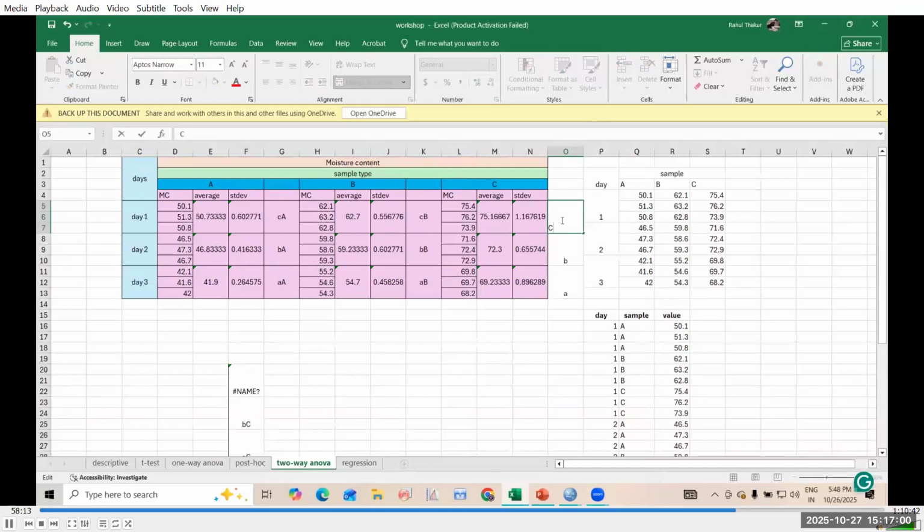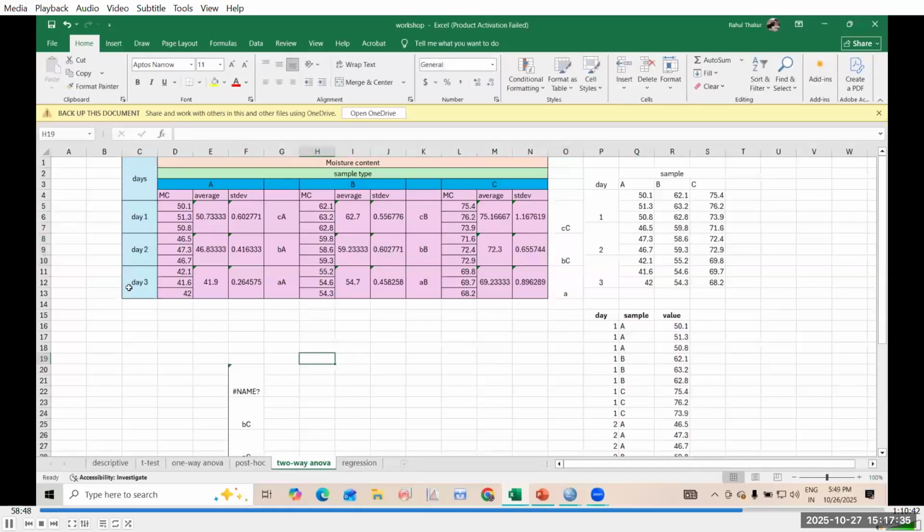Okay, got it? For day 2, here we have significance level as the small c for the slightest significance level, but in the case of sample type A, it has a significance level of capital A, meaning the smallest significance level while comparing with the sample type. So here A, B, and then C. Okay.